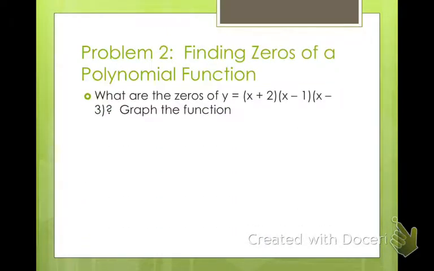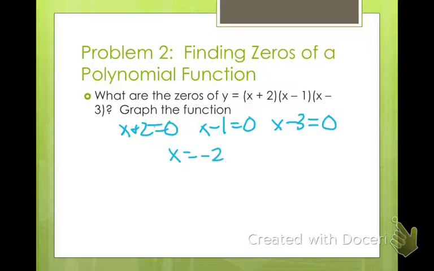Okay, for finding zeros, we're going to use the zero product property again. When we have it in its factors, just like we did in section 5 or 6, we can take those factors and set each one equal to 0. So if I have x plus 2 equals 0, x minus 1 equals 0, and x minus 3 equals 0, my solutions are x equals negative 2, positive 1, positive 3.